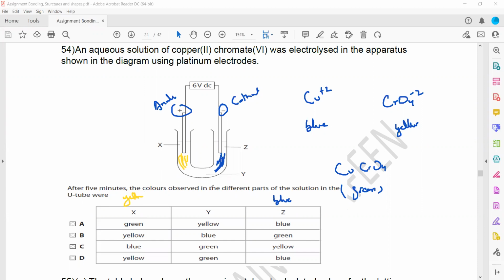At the center, where the copper ions and chromate ions are mixed together, the color is green, because the ions are separating from this compound. So yellow, green, and blue. So what is the right option? Then D will be the right answer. Is it clear, this question about the electrolysis of copper chromate?